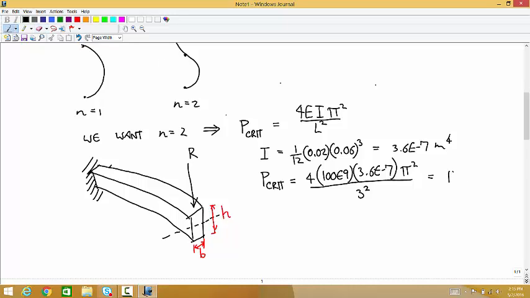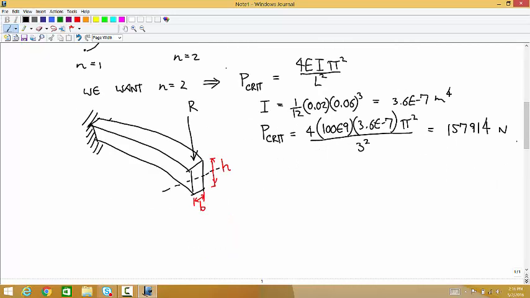That's a big force. Divided by 9 times 3.6. Okay, so that's P critical. Anyone have any questions about that?